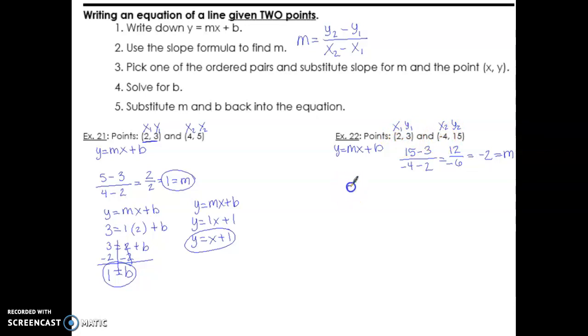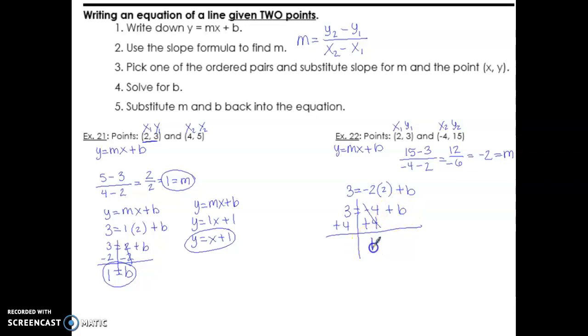So my y is 3, is equal to m, which is negative 2, times my x, which is 2, plus my b. Go ahead and multiply this out, so I get 3 is equal to negative 4 plus b. So now that we have a negative in front of that 4, we're actually going to add 4 to both sides, because when you have a negative and a positive, those turn into a 0.